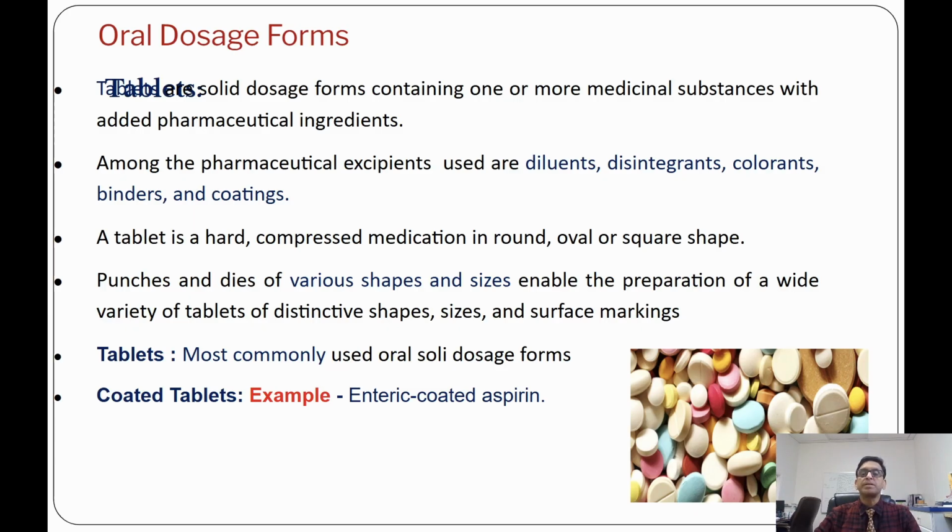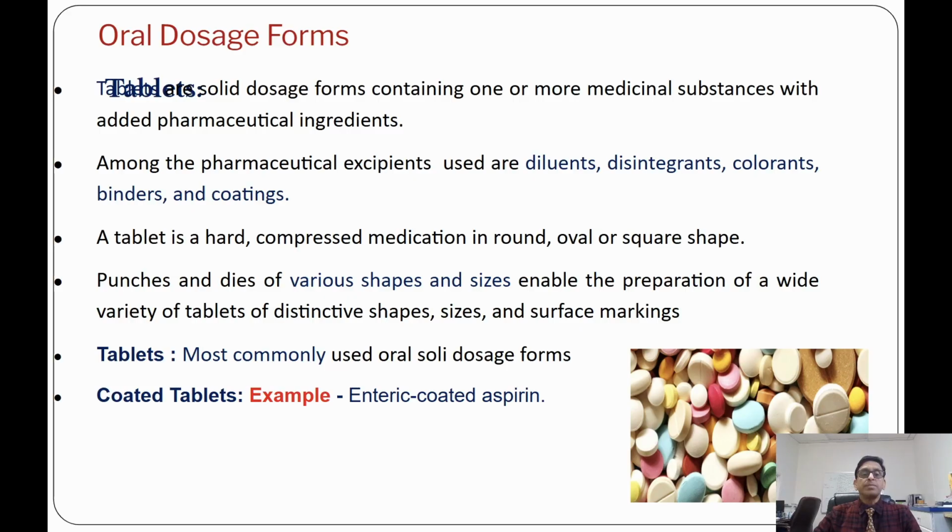In making tablets, we mostly use punches and dies of various sizes and shapes to get varieties of tablet size and shape, and we can also make surface markings.